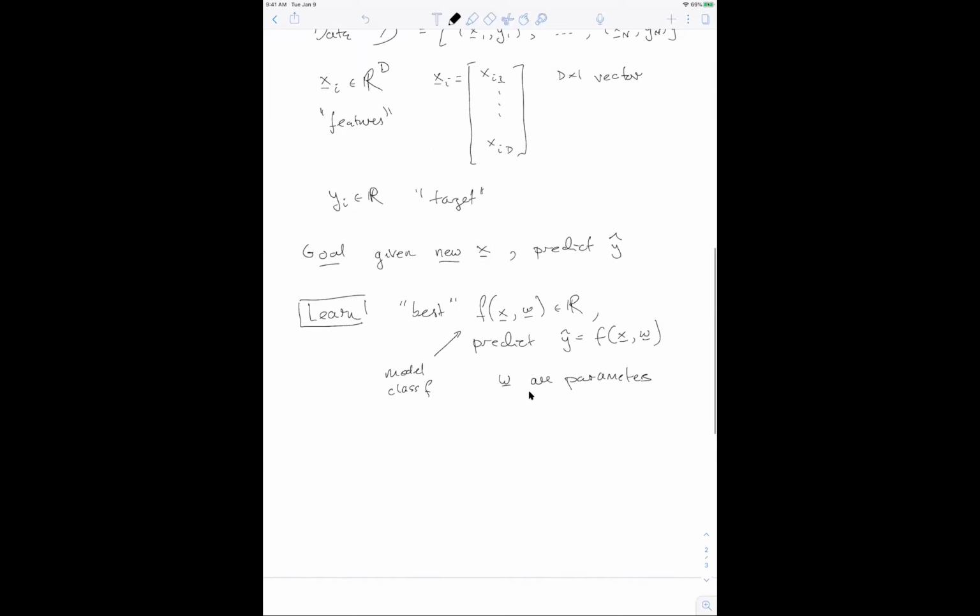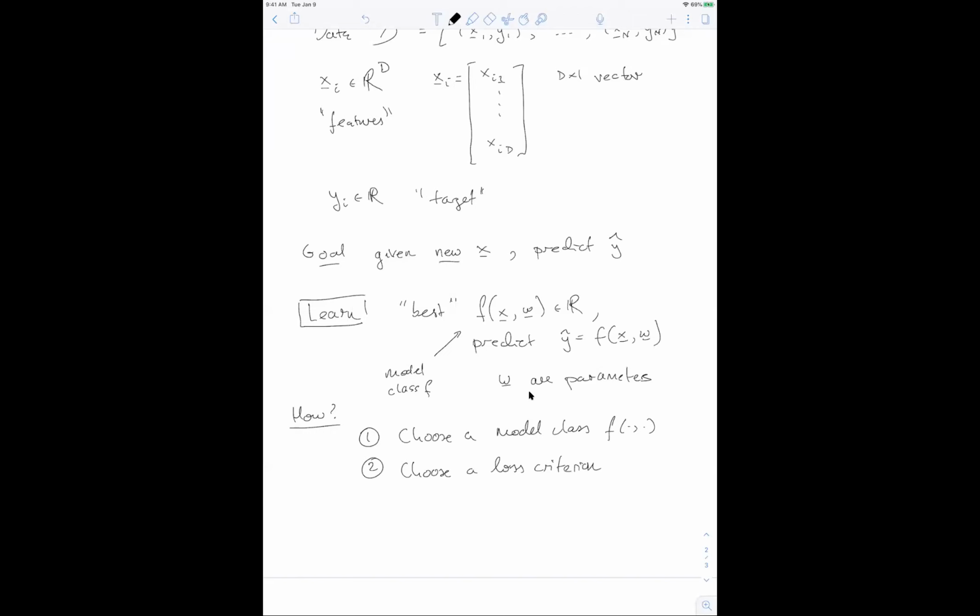So how do we do that? Well, we need three things. One thing we need is to know what model class f we are working with. The second thing is we need what we'll call a loss criterion. We need to know what we mean by best.